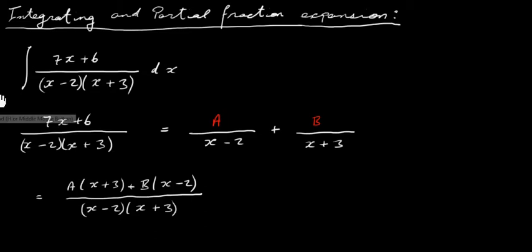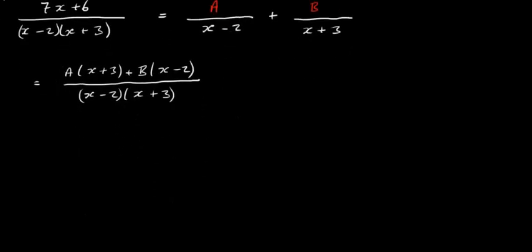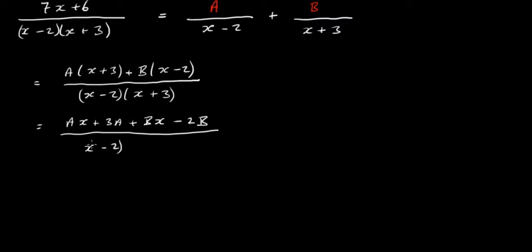Okay, so if I just continue that on, let's multiply out the top line. I'll end up with ax plus 3a plus bx minus 2b, and on the bottom I'll still have the x minus 2 and the x plus 3.